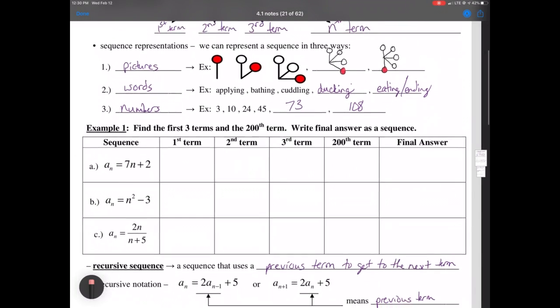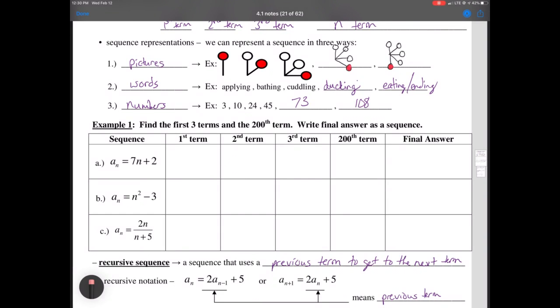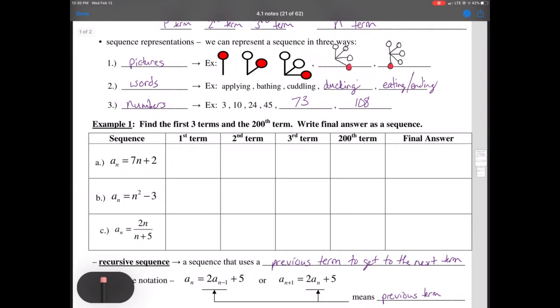So using that idea, the example says find the first three terms and the 200th term, and write the final answer as a sequence. So n represents the term number. So if I want to find the first three terms, I'm going to let n equal 1. So a sub 1 equals 7 times 1 plus 2, which in turn gives me 9. A sub 2 equals 7 times 2 plus 2, which gives me 16.